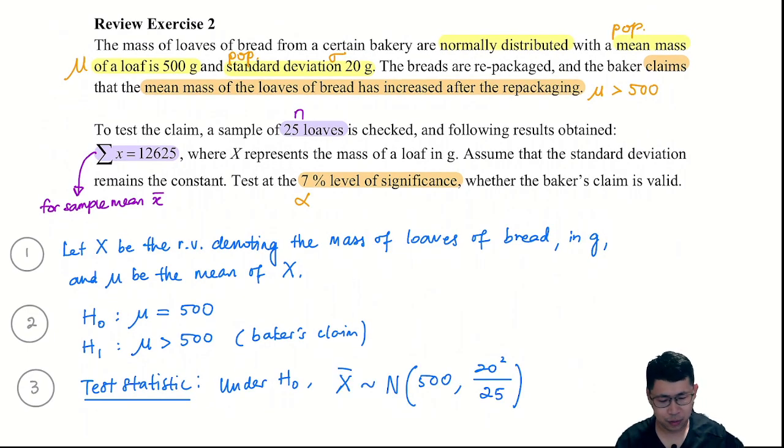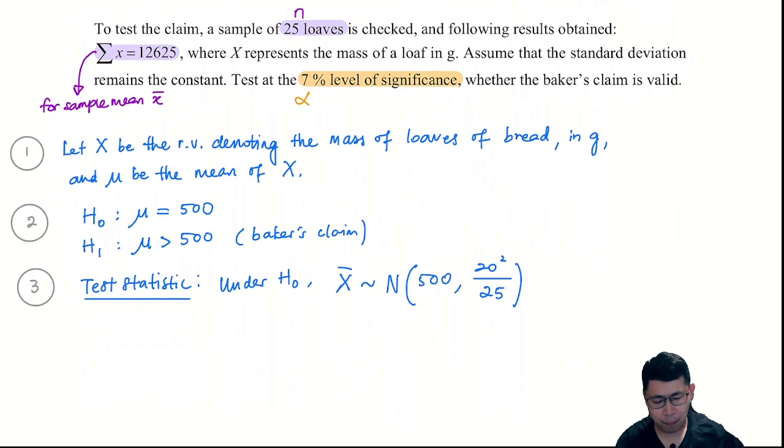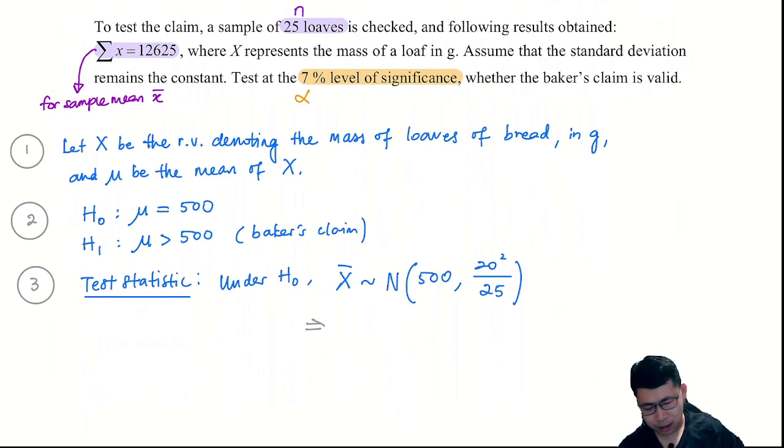Okay, something like this over here. Now, I'm going to write out one more step. This one you don't really have to write out, but I'm writing it out for the sake of comparison, because some questions require us to standardize to the standard normal distribution.